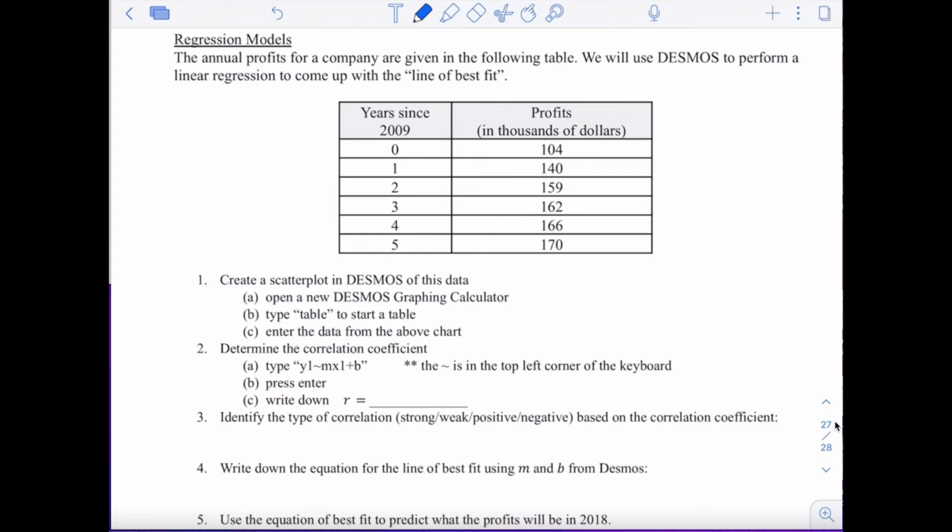We're going to use Desmos to perform a linear regression. Now, a linear regression is the process of finding the line of best fit for these data points, and then along with the line of best fit, you can calculate a correlation coefficient, R. So we're going to open Desmos.